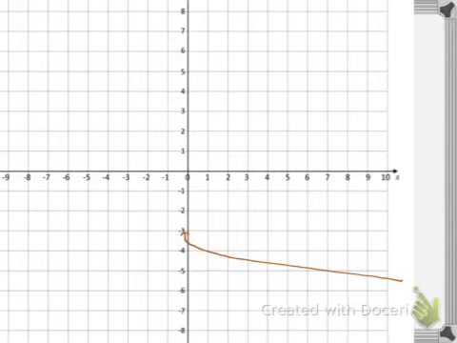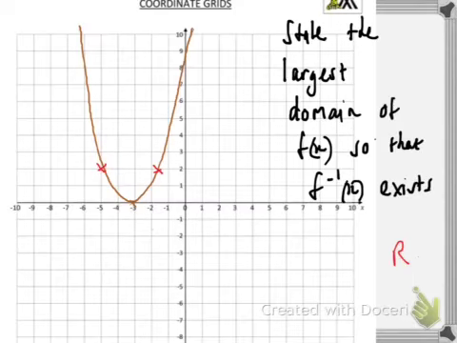What I've got left is a function. It satisfies the vertical line test. Now, if I rub out that side on my inverse, I've got to rub out half also of my original, and the half that I would rub out would be the half that corresponds to that. So I would rub out this here. I've restricted the domain of my original.